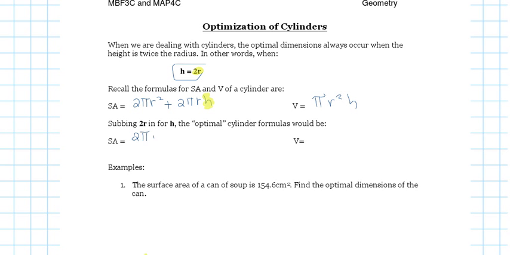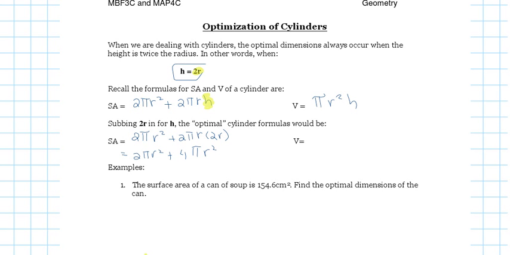Okay, let's simplify this. This looks too ugly. So I have 2 pi r squared plus, how can I simplify this part? 4 pi r squared, because 2 times 2 is 4, and r times r is r squared. Can I simplify this even further? What can I do? Like terms, right? They are like terms, they're both pi r squared.